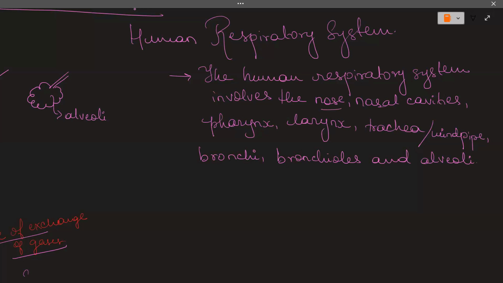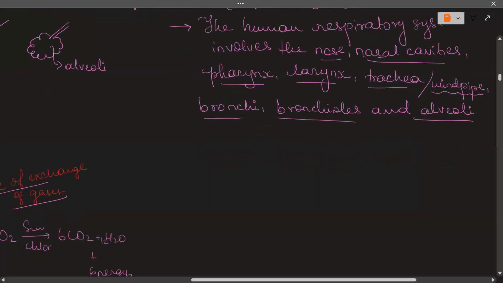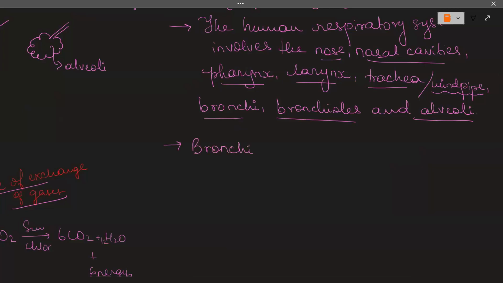We have the nose, the nasal cavity, the pharynx, larynx, the trachea, which is also known as the windpipe, bronchi, bronchioles, and lastly, the alveoli, which is the most important. Now moving forward, see the bronchioles. Now we must know the location. So the bronchioles and the alveoli, both of them are enclosed in a pair of lungs.